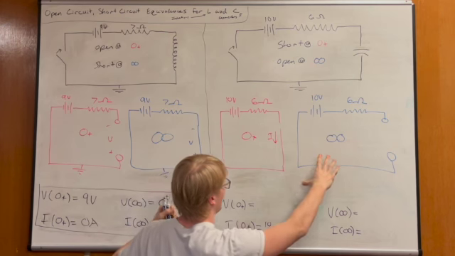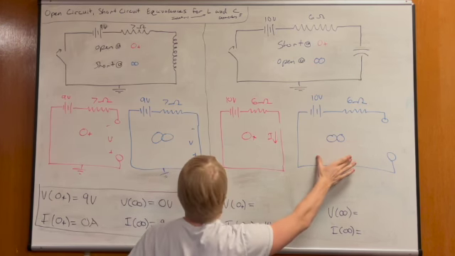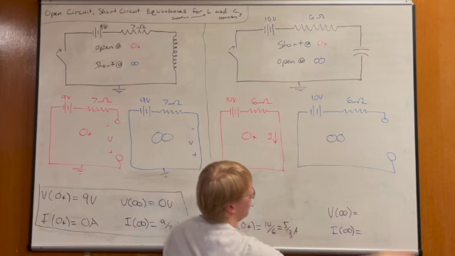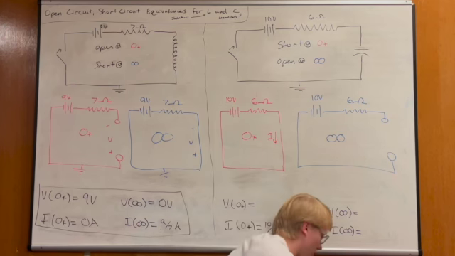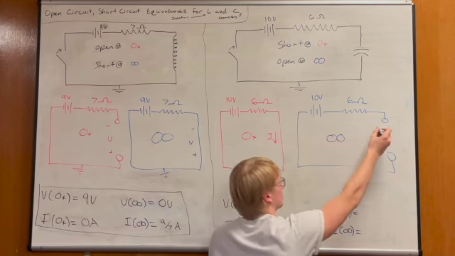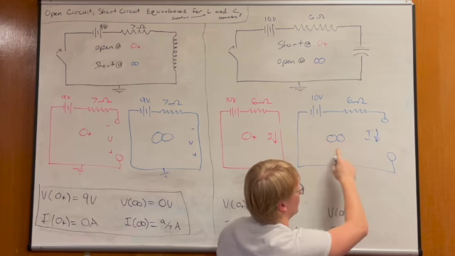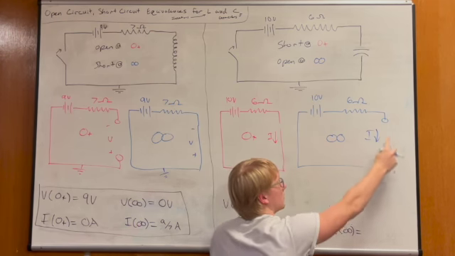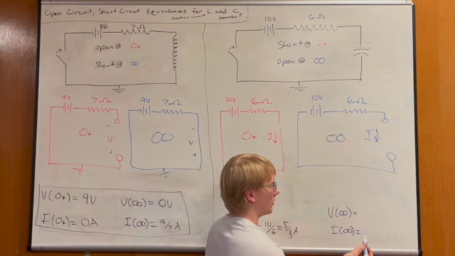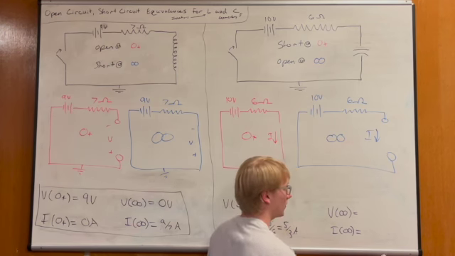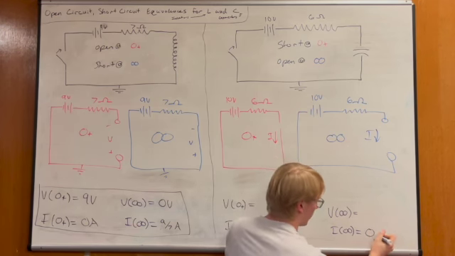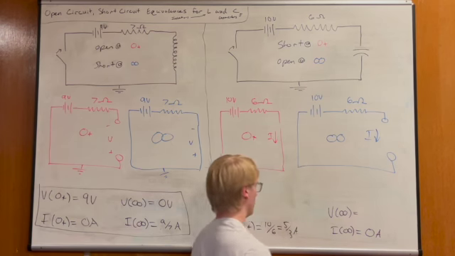And so for this circuit, after a long period of time, the current at this branch is obviously 0 because it's open, right? You can't have current in an open circuit.